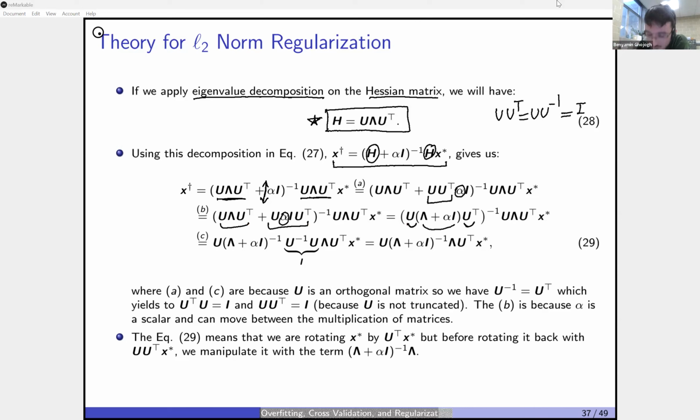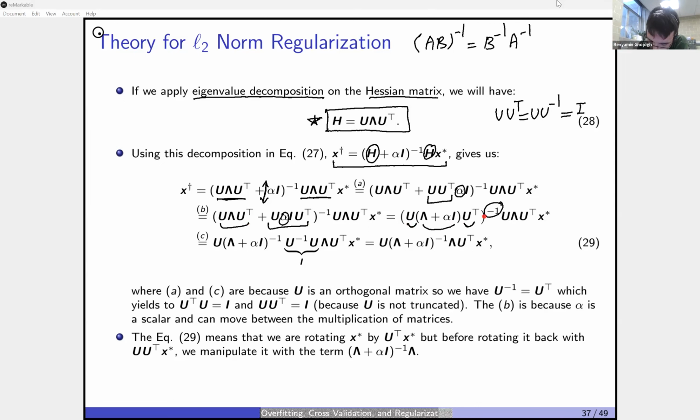So I will have lambda plus alpha I in between. Then I use this formula: when we have (A B) inverse, it reorders them in the multiplication, so B inverse A inverse. So I have the inverse here.